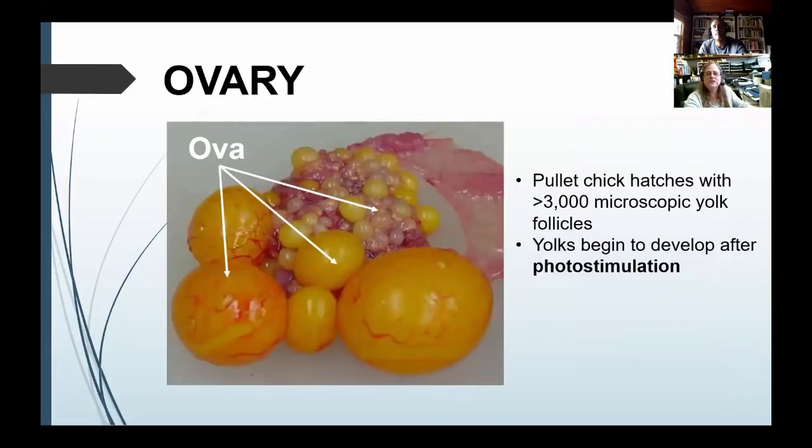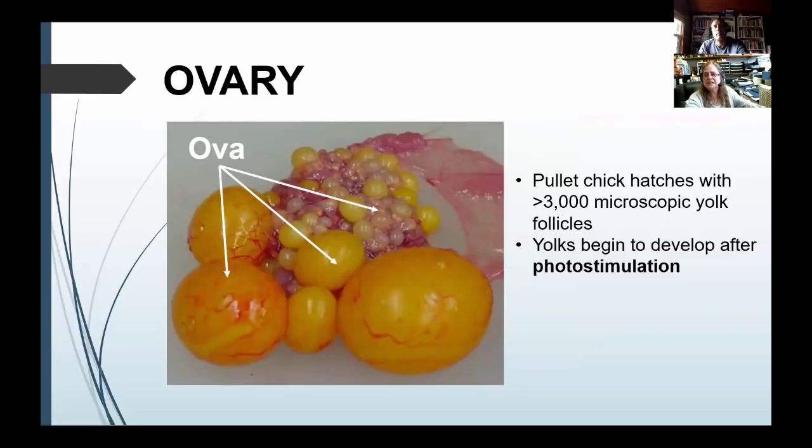Okay, the ovary. The chicken is hatched with all of the ova, the genetic material that they will ever have in their lifetime. So it's not like sperm that are produced on a regular basis. The chick hatches with about 3,000 microscopic yolk follicles, and the yolks begin to develop after photostimulation.